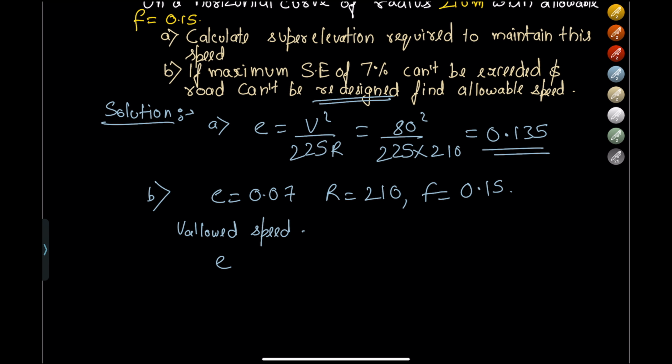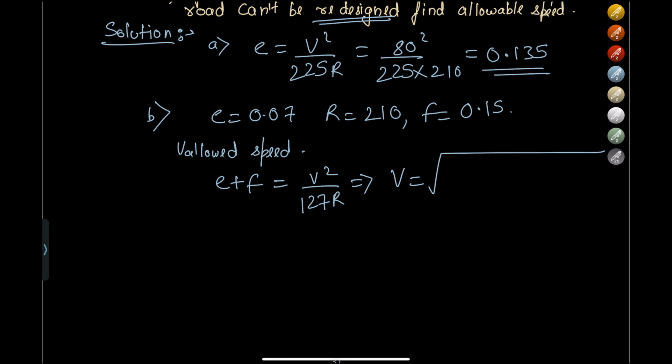It will be calculated from E plus F is equal to V square upon 127R. Here we will calculate, so we'll put it on one side. V is equal to E plus F, which would be 0.15 plus 0.07, multiplied by 127 multiplied by 210. This would be the value of allowable speed, right?